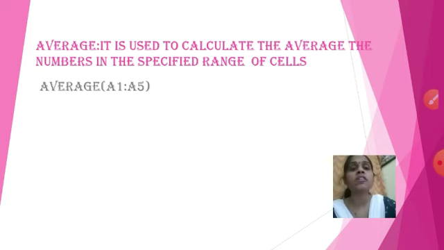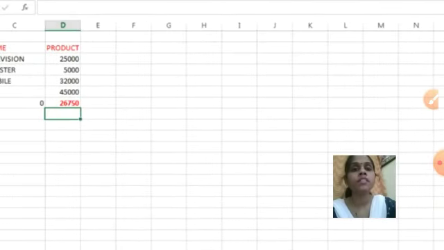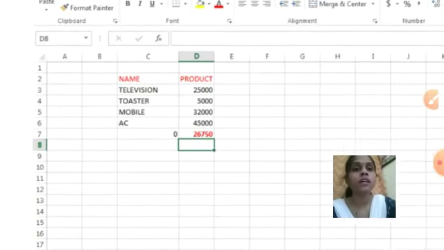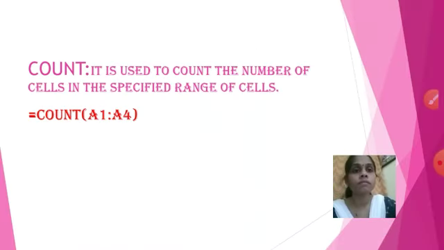Okay, this is your example, A1 to A5, this type you have to write, and before the AVERAGE formula there is the equal to sign also, you have to write equal to AVERAGE every time.